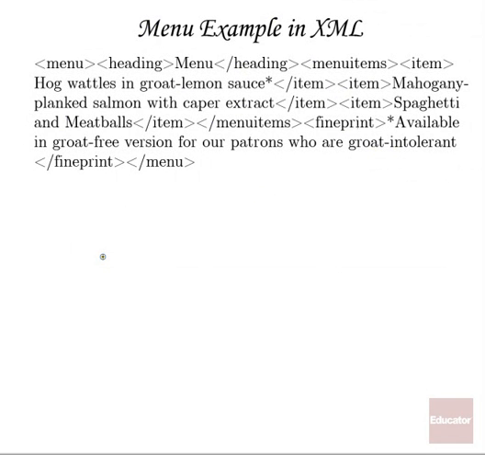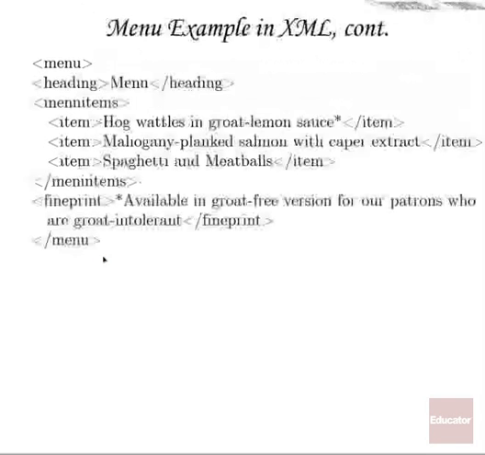Here is the same menu example. It's got exactly the same content, but now I've included some XML markup. And I've done it in kind of the way the computer would see it, in a linear fashion. And in this slide, I've changed the layout of the XML in order that it's a little bit more human readable. It's one of the big features of XML that not only can a computer process the information in a document, but a human can read it pretty easily as well.